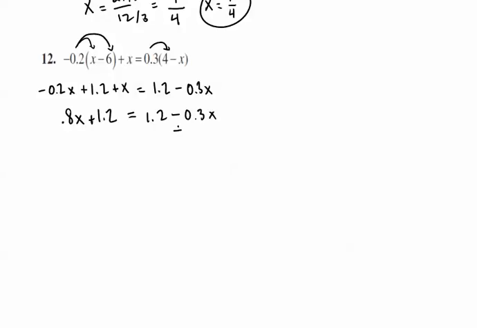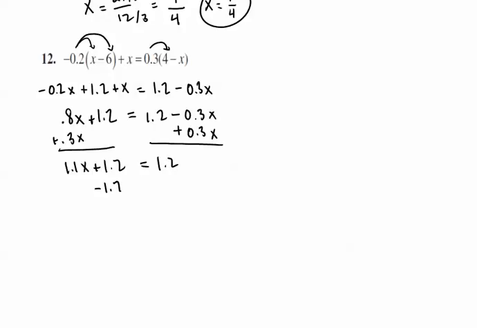So we'll want to get rid of the negative 0.3. We add its opposite. So plus 0.3x to both sides, and we have 1.1x plus 1.2 is equal to 1.2.